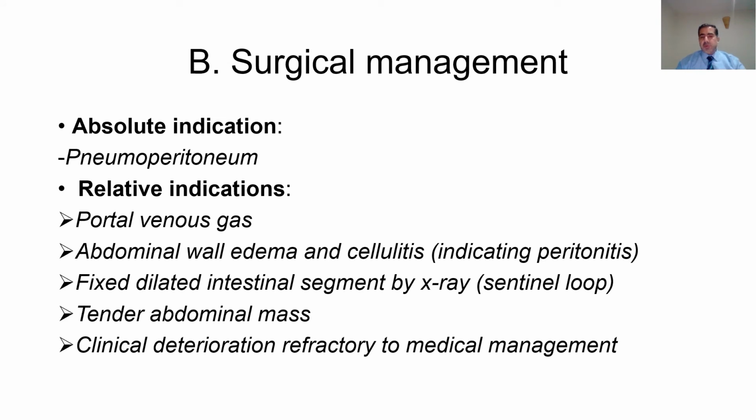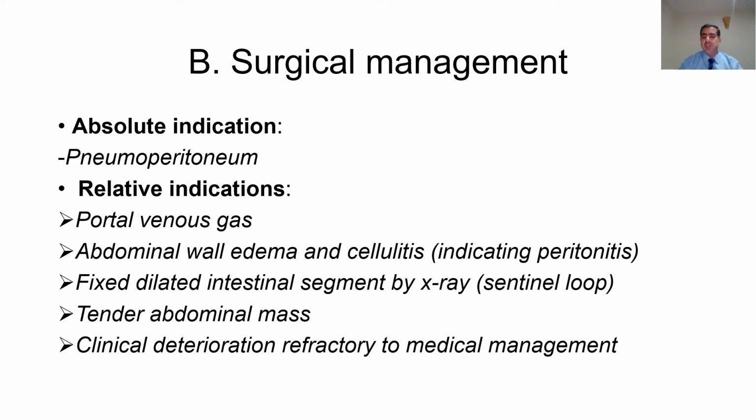The only absolute indication for surgical intervention is the presence of pneumoperitoneum, but many cases do require surgery before development of pneumoperitoneum. For example, if you have portal venous gas, some cases may indicate the need for surgical intervention.